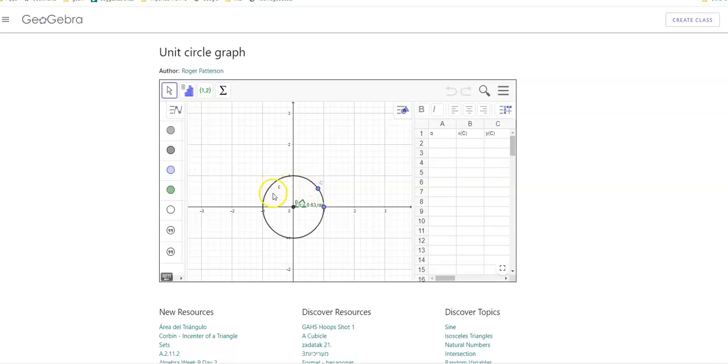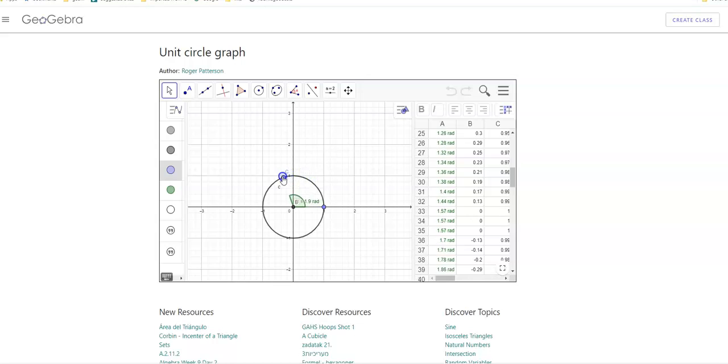As we move this C around the circle, the spreadsheet is going to collect data for the radian measure, and then the X coordinate and the Y coordinate are going to go in those two columns. So I'm going to click here. Now I had to click twice to get it to work. And move in here and zip, there it is.